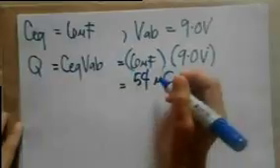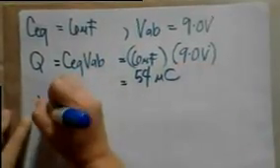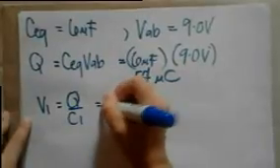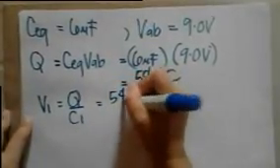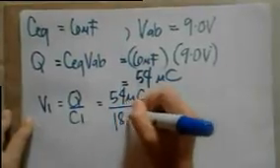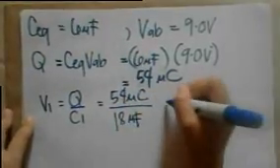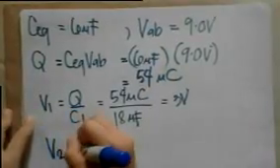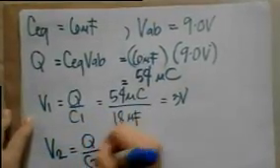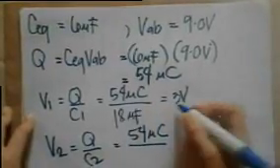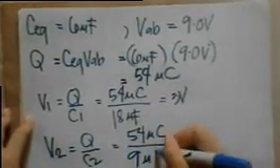And finding the individual voltage, V1 equals Q over C1, 54 microcoulomb over our first capacitor, 18 microfarad. This is equal to 3 volts. For our V2, Q over C2, 54 microcoulomb over our second capacitor, 9 microfarad.